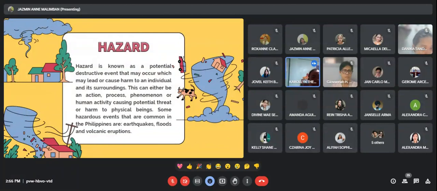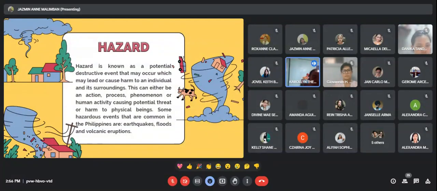Next naman po we have is the hazard. So, as we all know, hazard is known as a potential destructive event that may occur na kung saan this scenario is naglilid siya into a tragedy that also disturbs the, let's say, the normal flow or the balance na meron po sa isang community or situation.